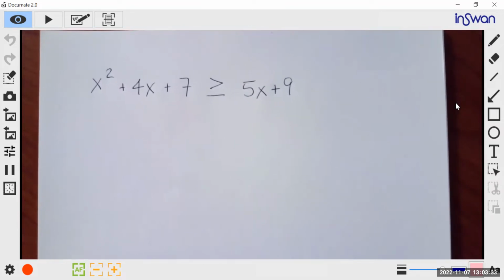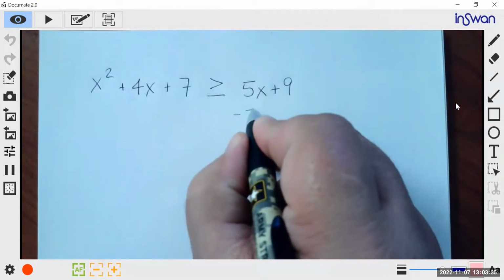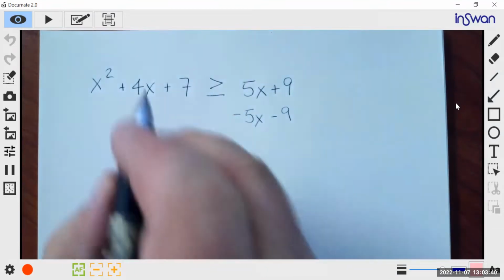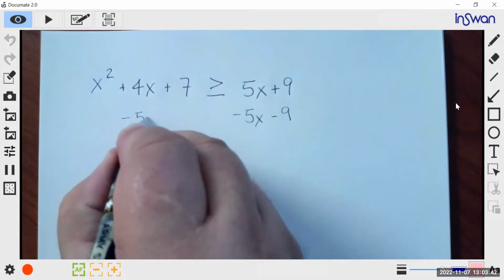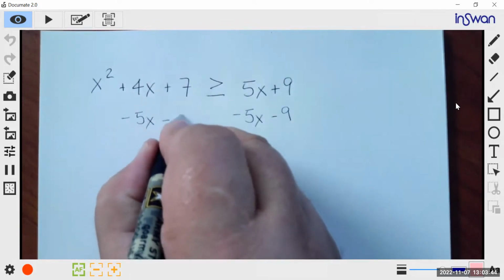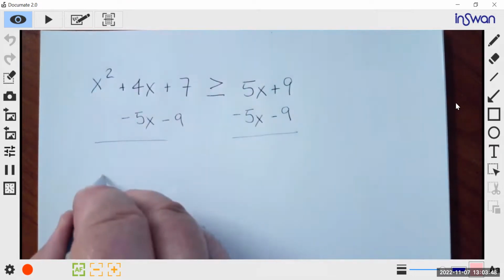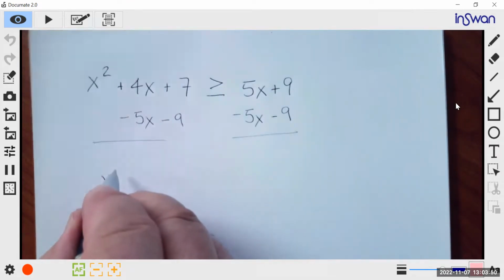So the first thing you have to do is move everything to one side, so -5x minus 4x and -9 minus 7. Very good.